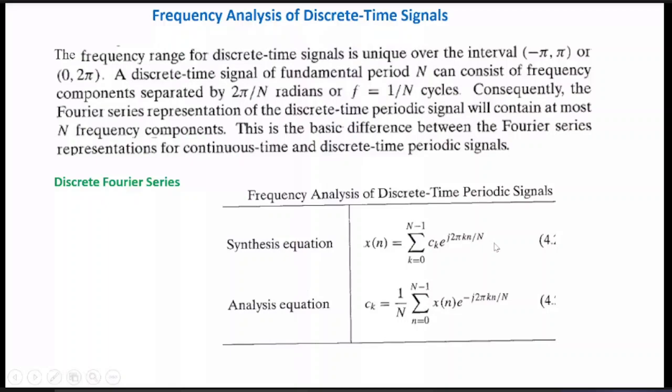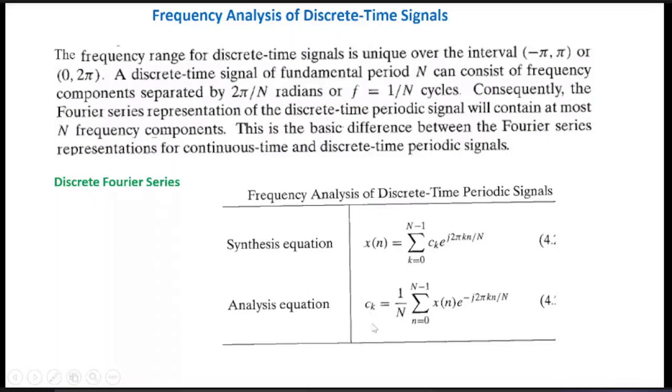Similarly, the coefficient Ck is the magnitude of each and every cosine component, and it represents the Fourier series representation of the time domain signal xn. xn is the time domain signal, and Ck is the magnitude of each cosine component present in the signal.